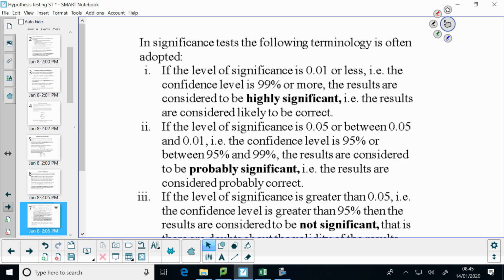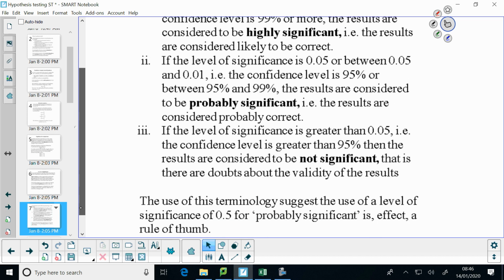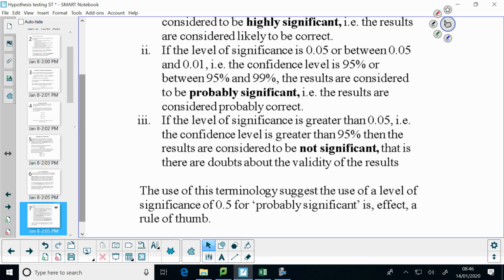These results are considered to be probably significant, i.e. the results are considered probably correct. If the level of significance is greater than 0.05, the confidence level is lower, then the results are considered to be not significant. That is, there are doubts about the validity of the results.